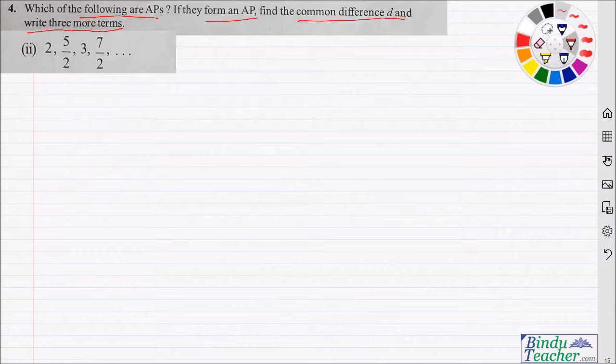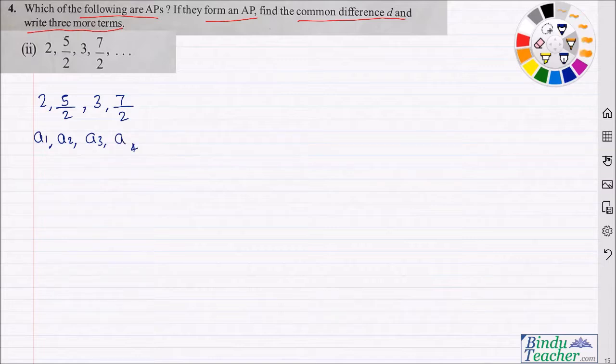So let's look at the list of numbers here. We have 2, 5 by 2, 3 and 7 by 2. So we will also write A1, A2, A3 and A4. Now how do we know if this list of numbers is an arithmetic progression?